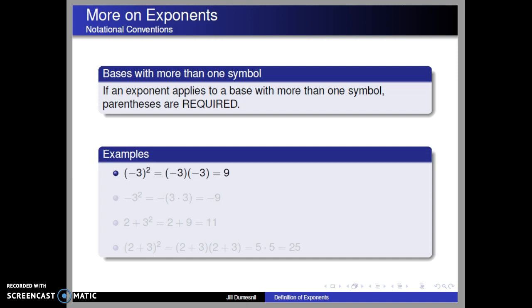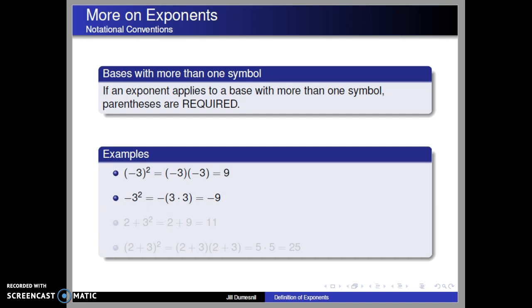For example, (-3) squared equals -3 times -3, which is 9. But -3 squared is -(3 times 3), which is -9.